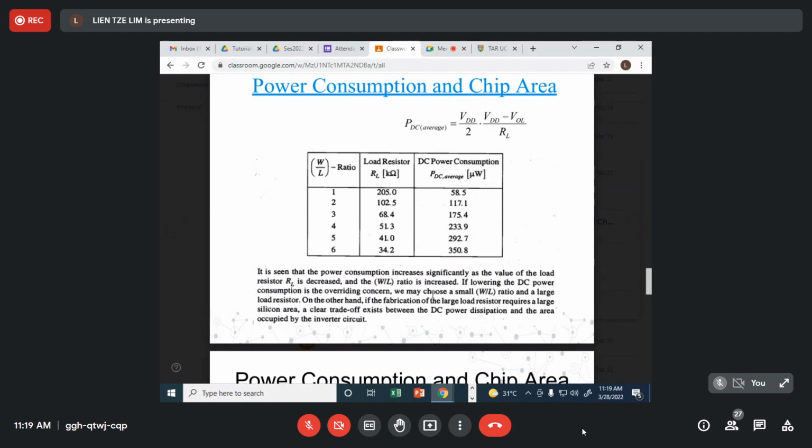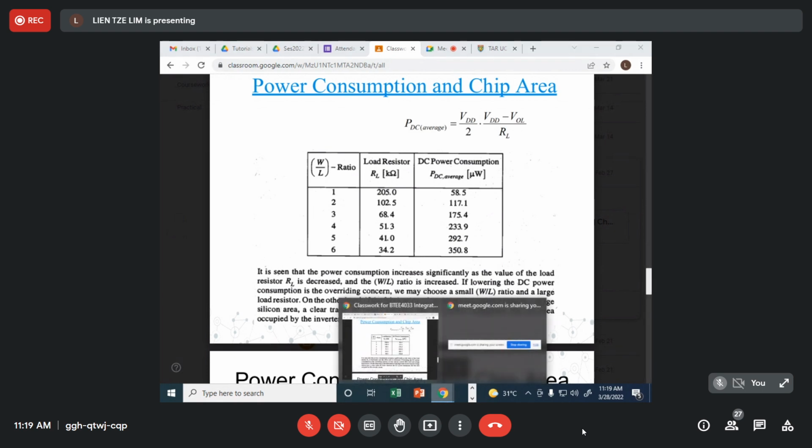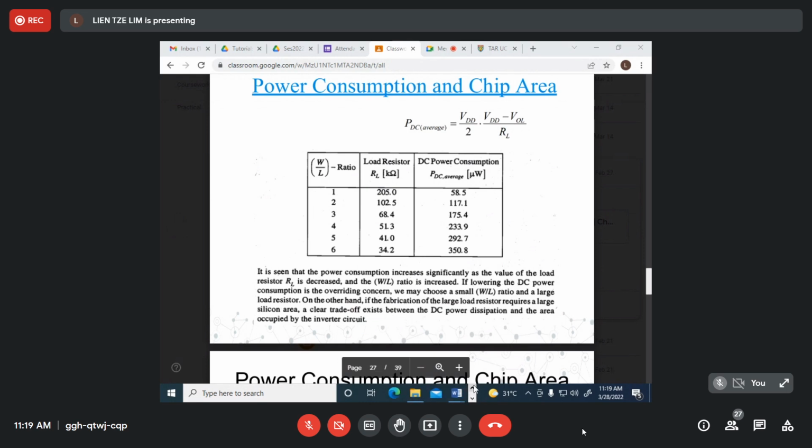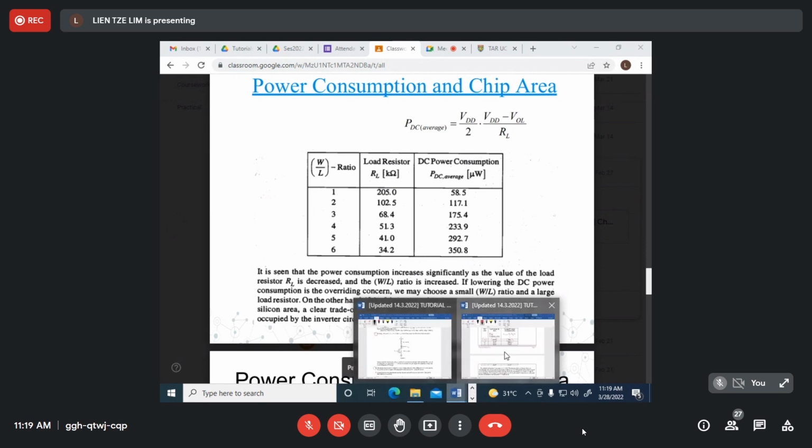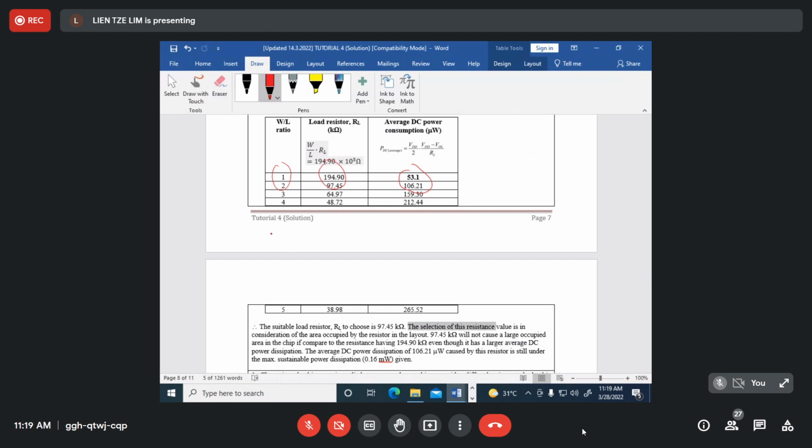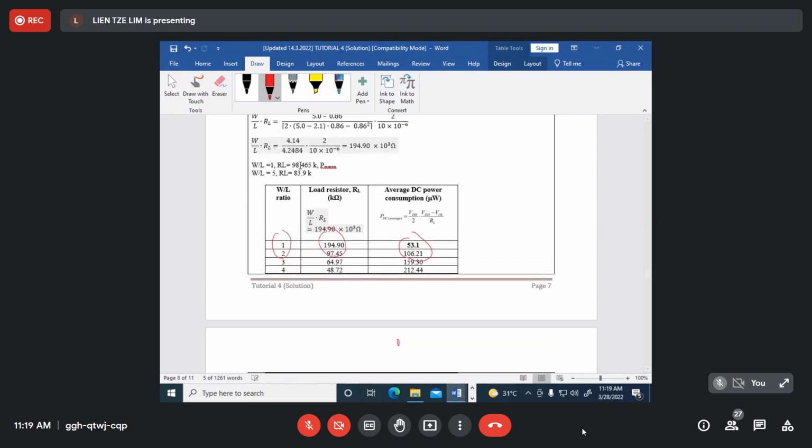We may choose a small width over length ratio and a large load resistor. My answer here is to choose the width over length of 2. This one should be 194.90, so we should choose this one.